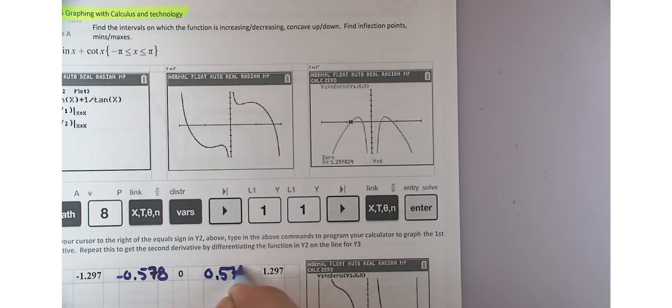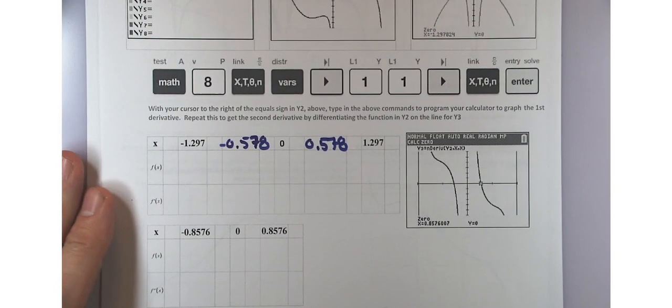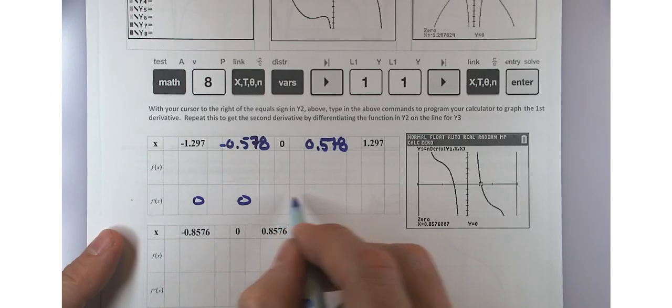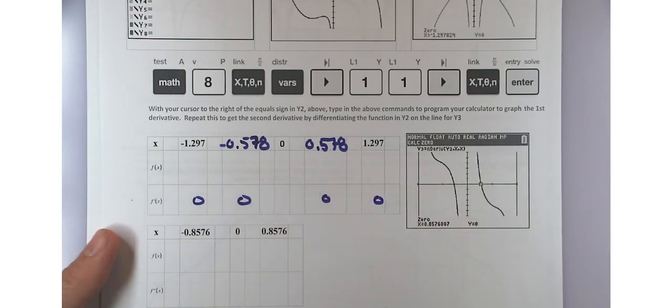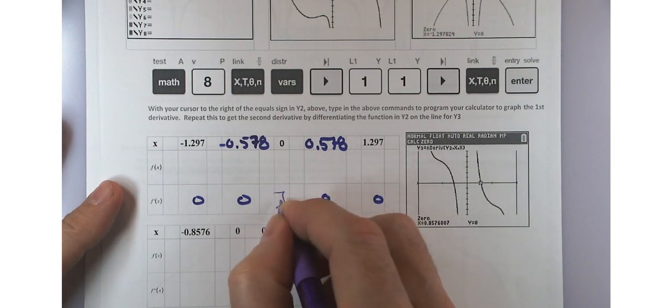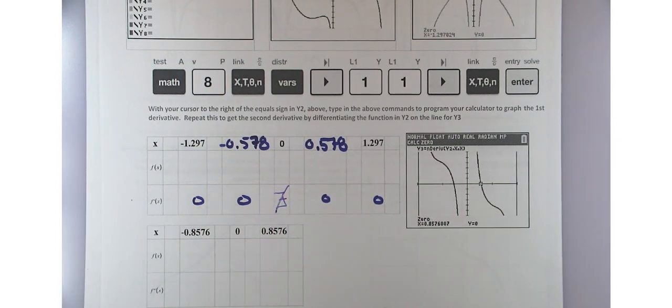Positive 0.578. The derivative is 0 at all these points. 0, 0, 0, 0. In the middle, the derivative doesn't exist. That's okay. The function's not defined there.